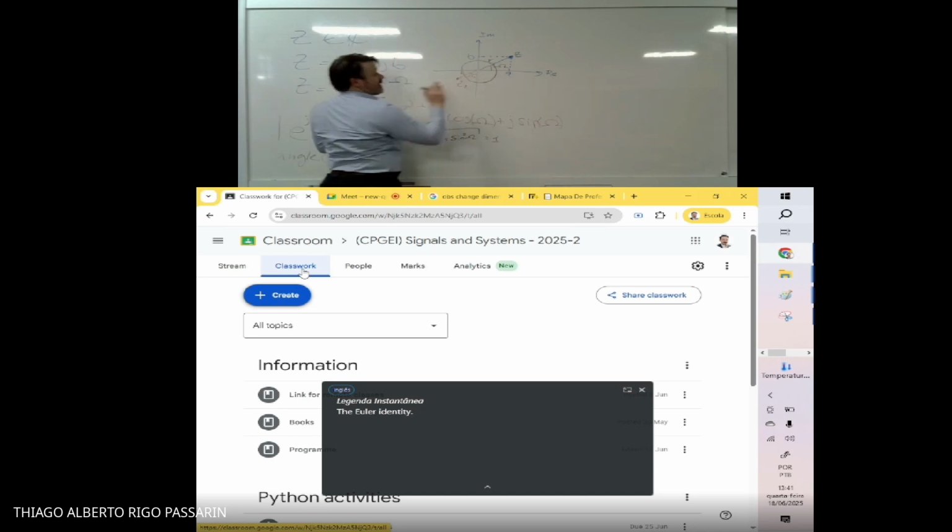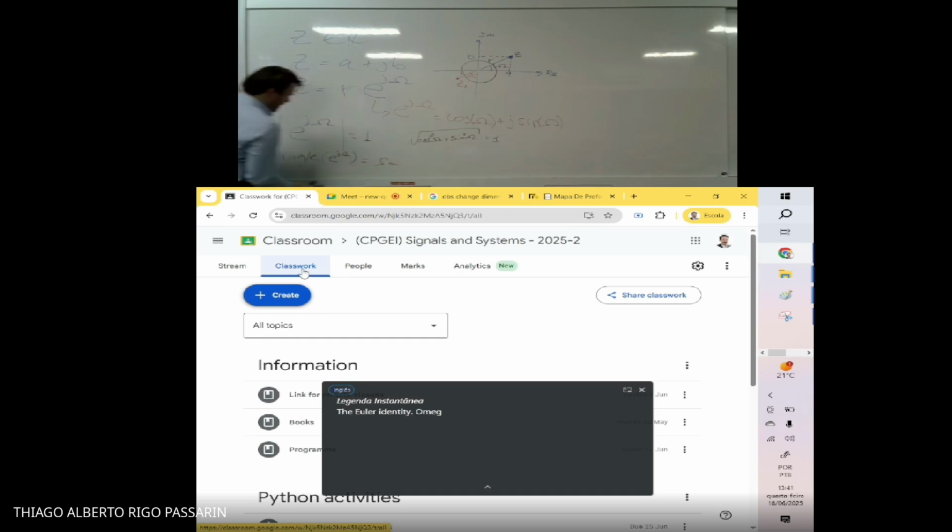It's in the same direction of z, but with unit radius. So what is its angle? Omega. So this is a way to represent a complex number of unit radius and angle omega.